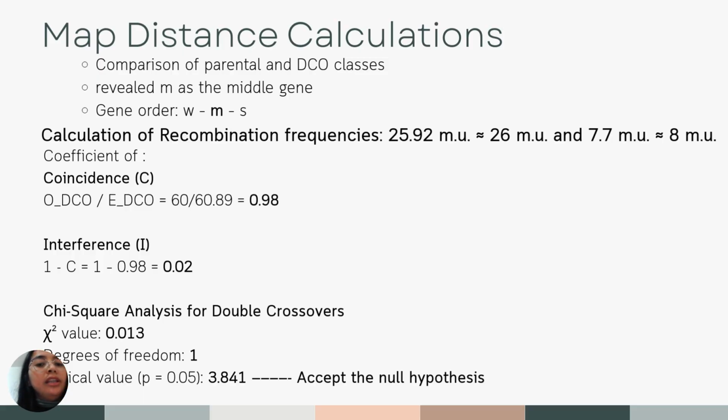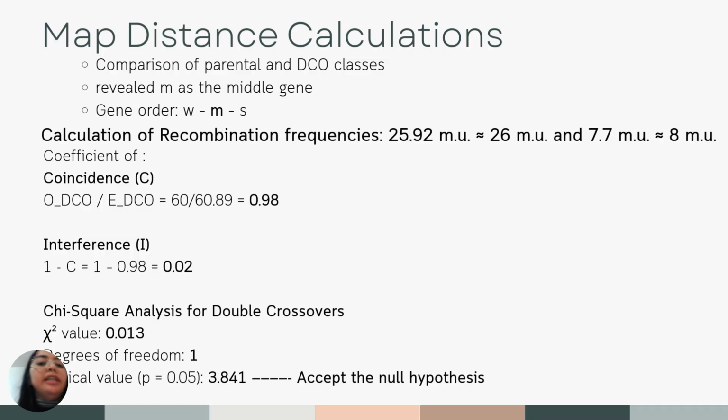Interference was then calculated as 1 minus the coefficient of coincidence, resulting in an interference value of 0.02. This indicates extremely low interference, meaning crossover events in this region occur almost independently.